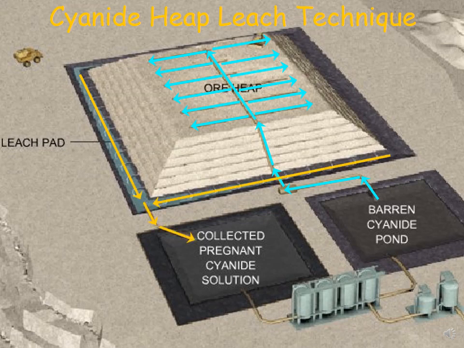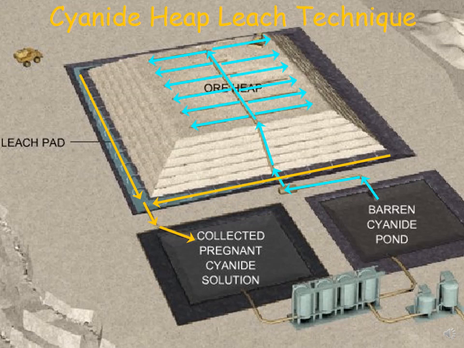Then the pregnant cyanide solution comes back to a different pond, and you pull it through a series of bins that extract the gold. You recycle the cyanide and start the process over. You repeat this step over and over for about a month or two, and at that point you have removed much of the gold from the ore itself.